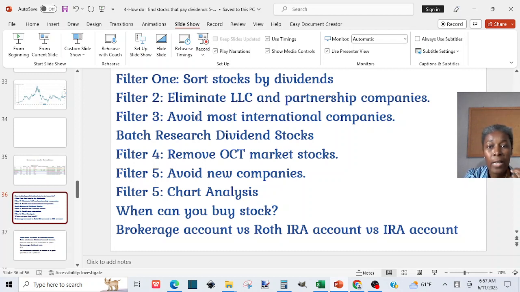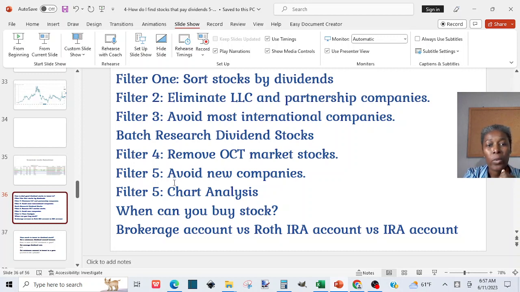We avoid international companies that are using other entity denomination that we don't have a knowledge of. And we batch research those dividend stocks, and then we went and searched those companies one by one to find the market they are selling on, and we eliminate the OTC market stocks.